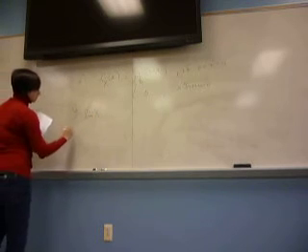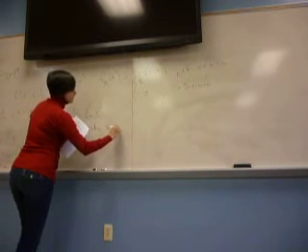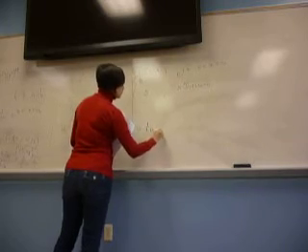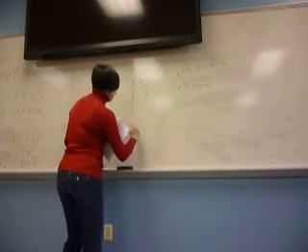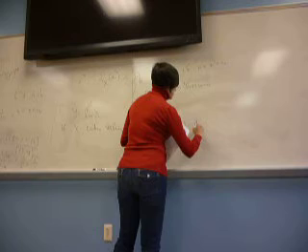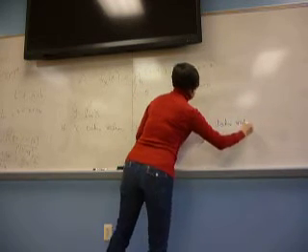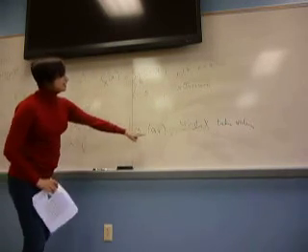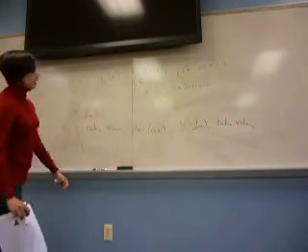So if x takes values from 0 to 4, that is, in the interval (0, 4), y equals log x takes values in the interval. So 0 isn't included because at 0, log of 0 is not defined.